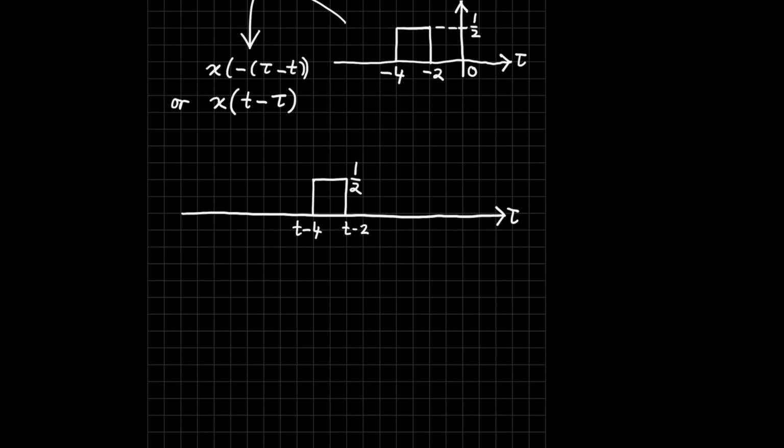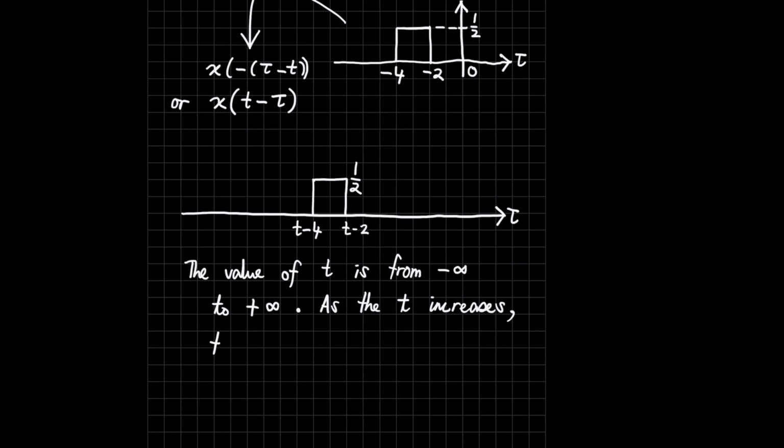So as the value of t varies, the location of the signal also varies. If the t value varies from minus infinity to infinity, then the signal will actually shift from minus infinity to infinity as well.